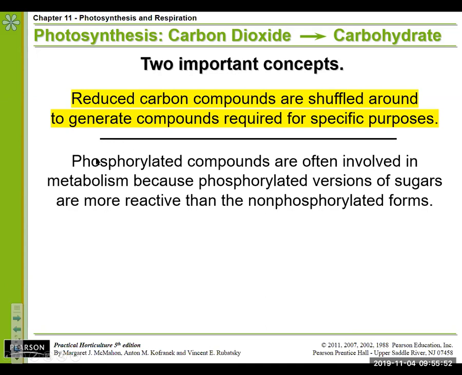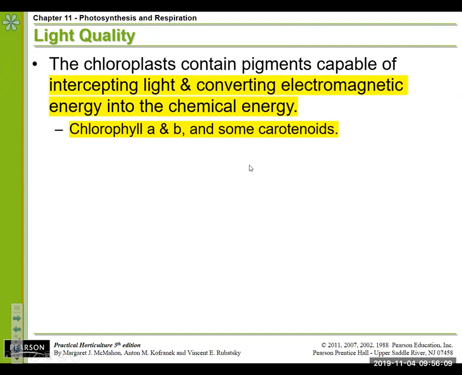The other part of it is that we have these phosphorylated compounds, basically similar molecules that have phosphorus groups attached to them, and they are involved in metabolism because they are more reactive than those that don't have phosphorus in them.